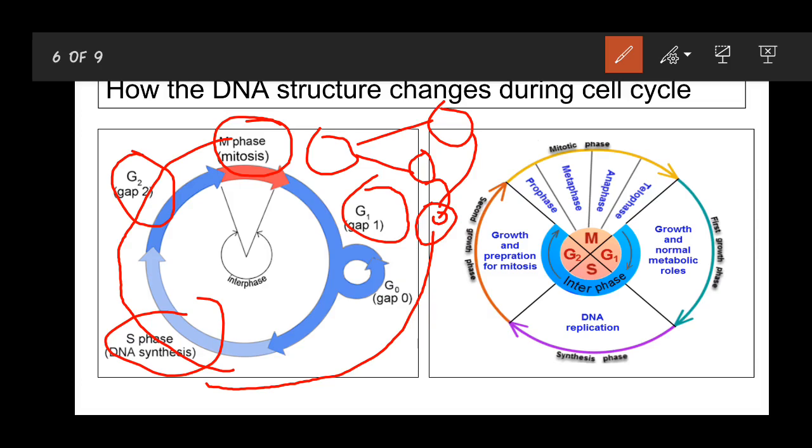So interphase is a collective terminology for the G1, S and G2 phases, and in these 3 phases the cell is growing. Or you can also term it as the phases where the cell is preparing itself for division.